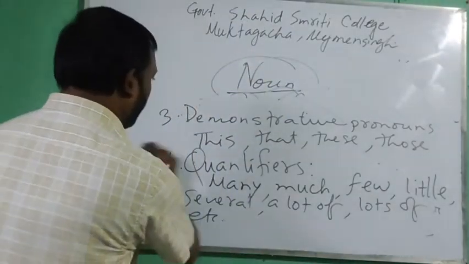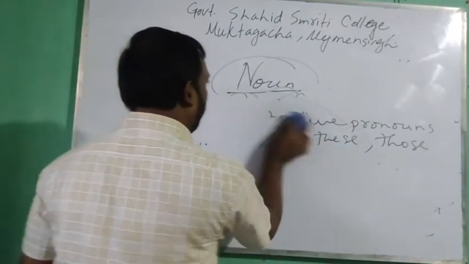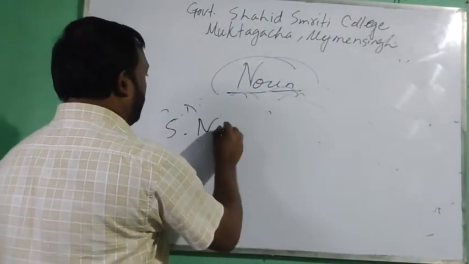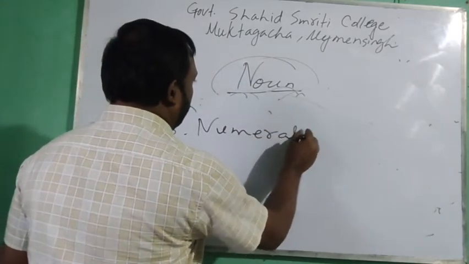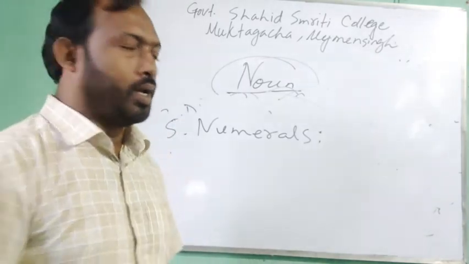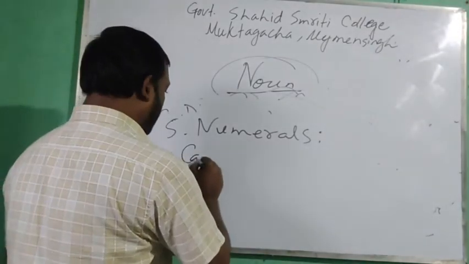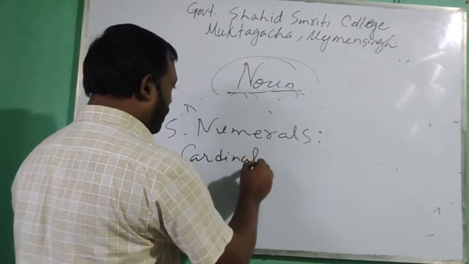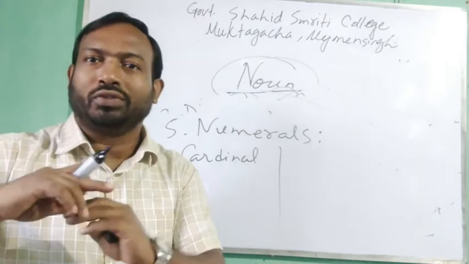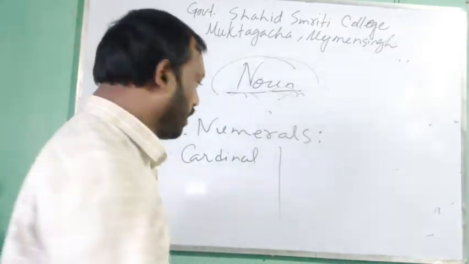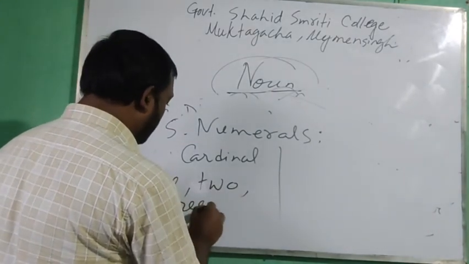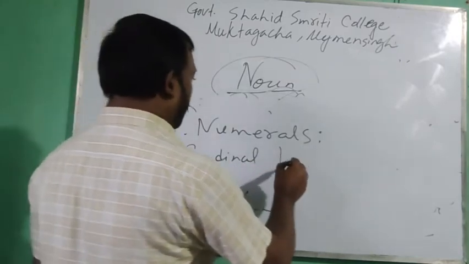And then number 5, numerals. Numerals, I mean numbers. That can be cardinal. Cardinal means that we count 1, 2, 3, 4, etc. Then ordinal.